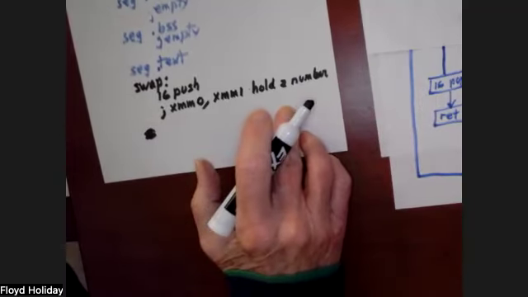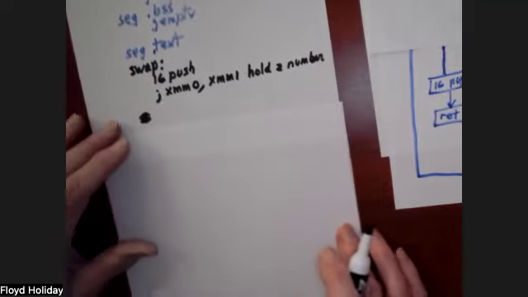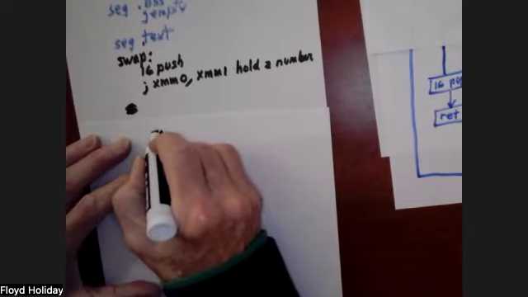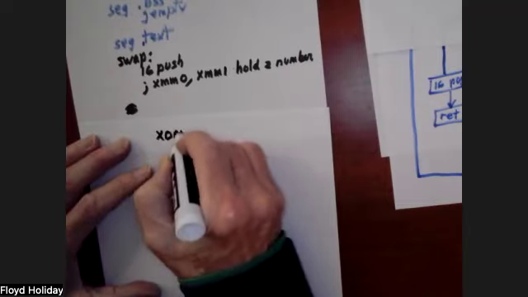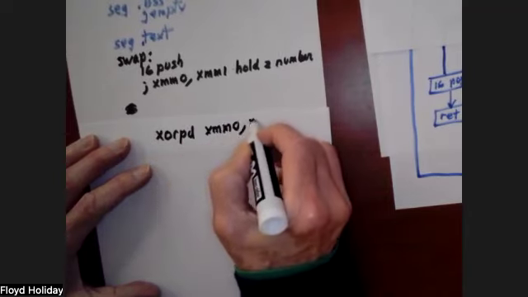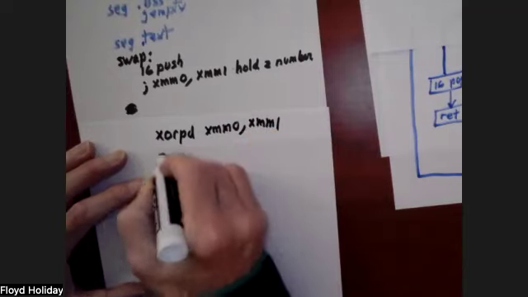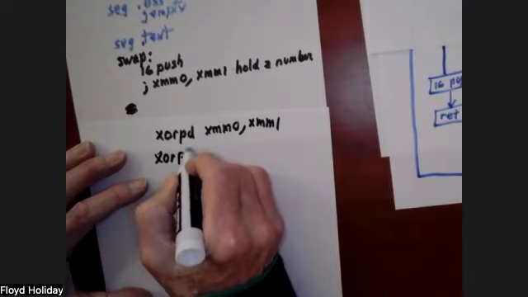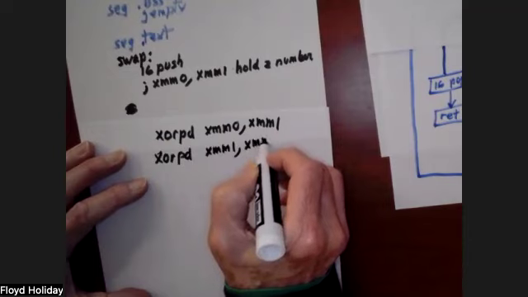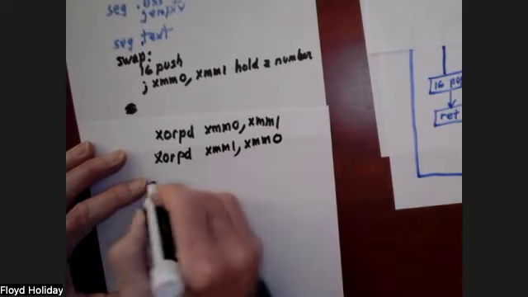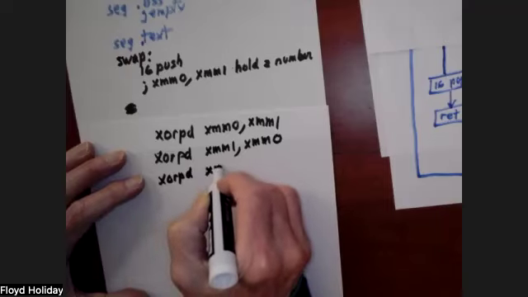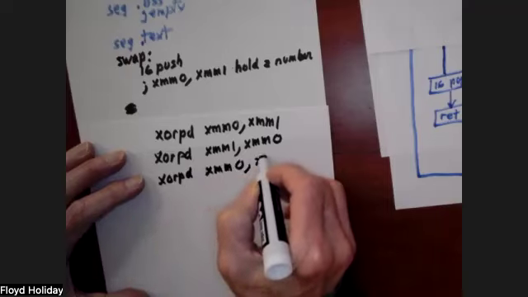The technique for swapping two registers is XOR. So it would look like this: XORPD XMM0, XMM1; XORPD XMM1, XMM0; XORPD XMM0, XMM1.